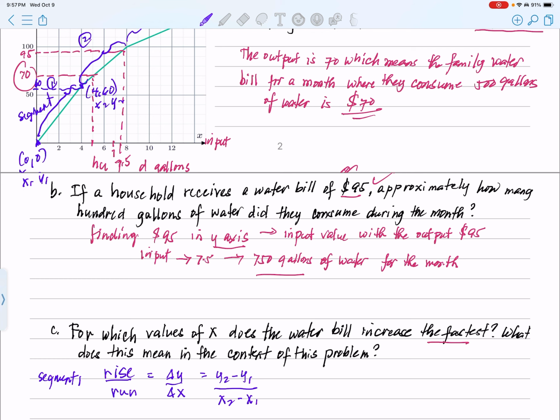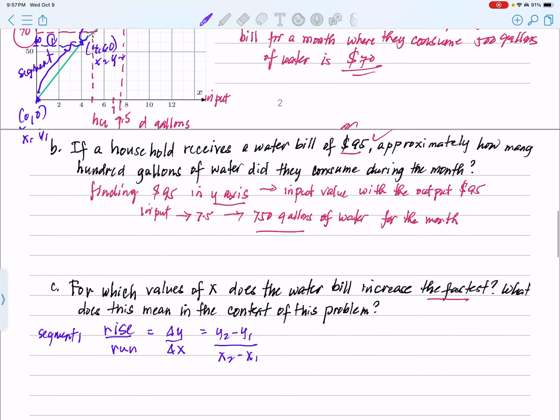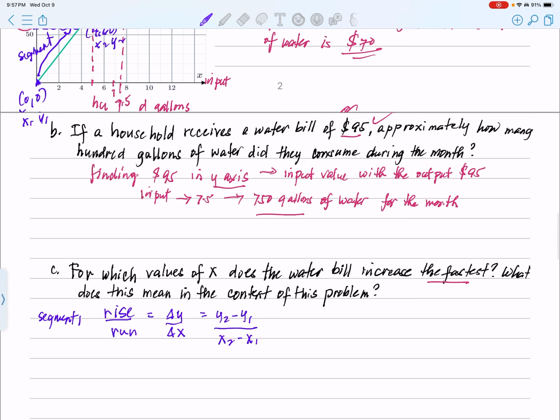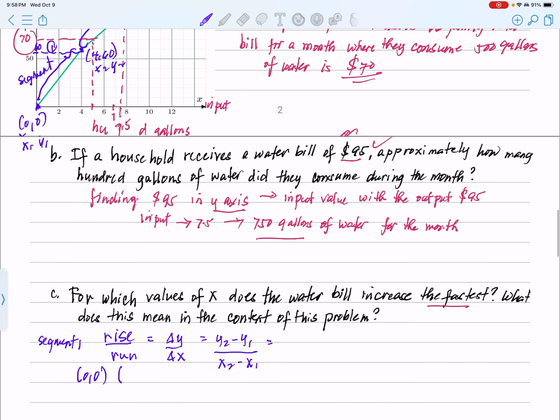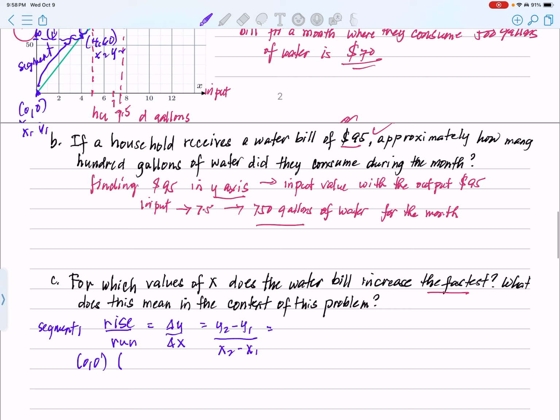So I will write down my coordinates here. And then I have 4, 60. x1, y1, x2, y2.